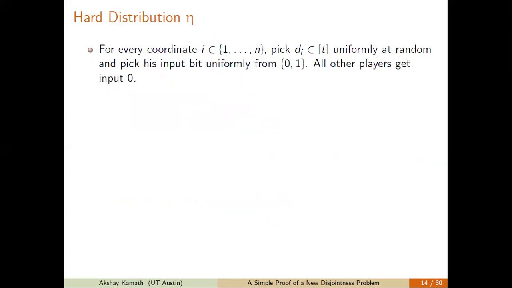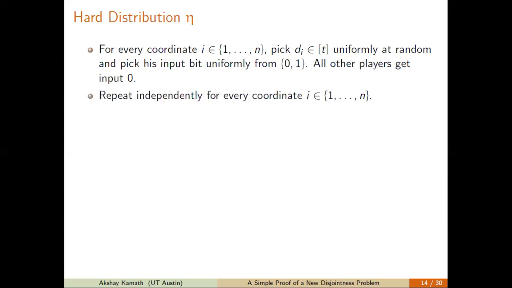So the hard distribution eta that we pick for this problem is defined as follows. For every row of the input matrix, we pick a player, that is a column, uniformly at random, and assign that player his input bit uniformly at random from 0 or 1. All other players in that row get the input 0.